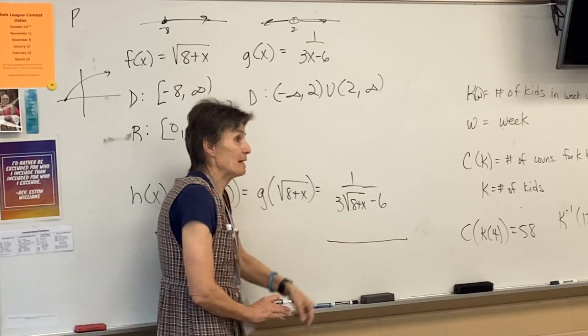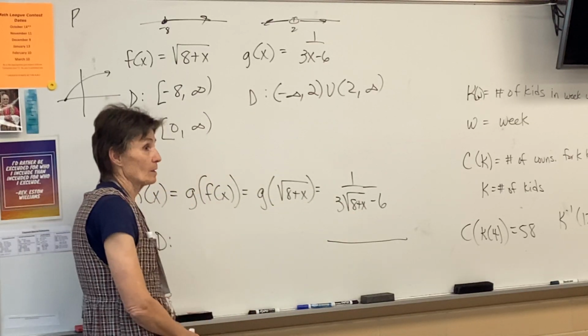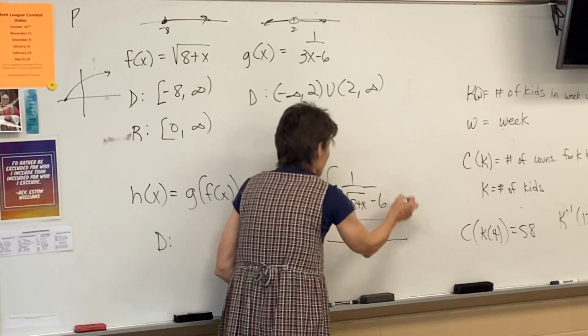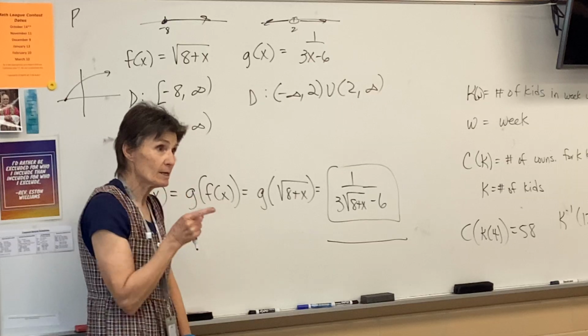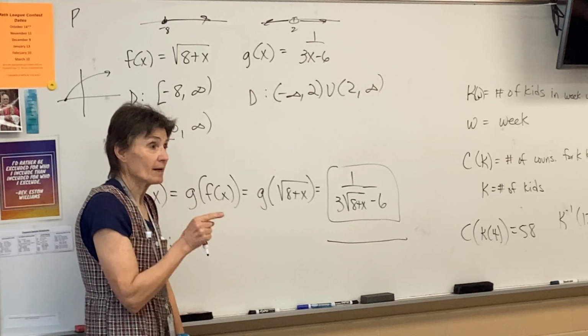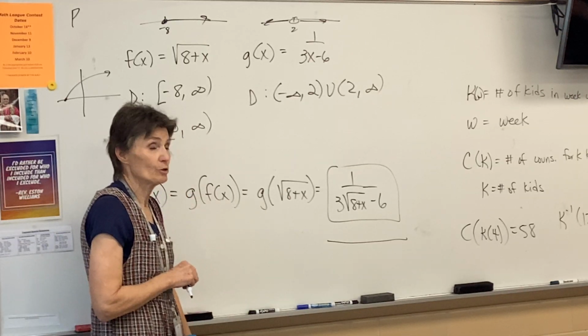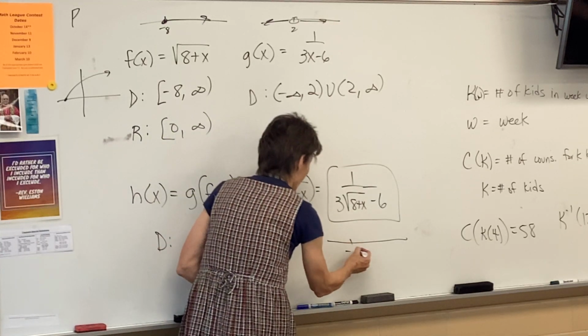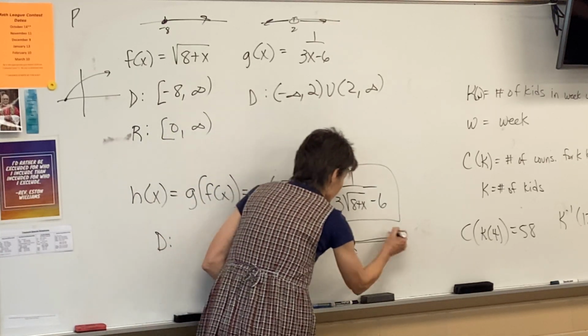Now we got to talk about its domain. Okay, now look at this carefully. Would you still agree that x has to be bigger than or equal to -8? Yep, so whatever else is going on, this is what I got.